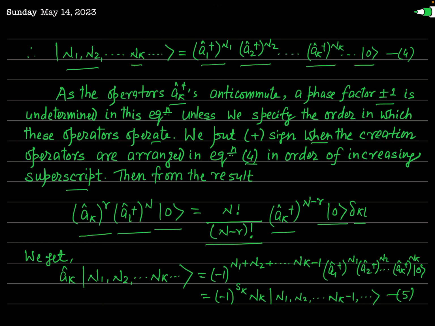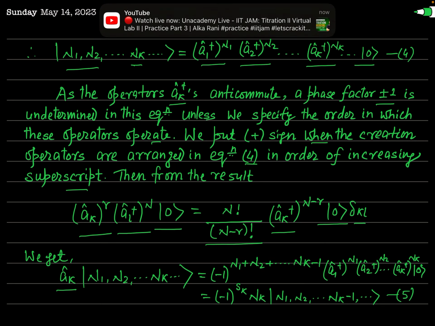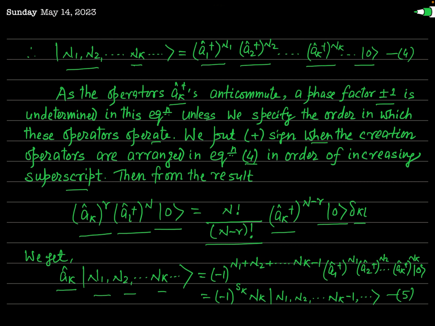From this result we can easily find that when we operate the annihilation operator ak hat on this state, that is ket n1, n2, and so on up to nk, it will be equal to minus 1 to the power n1 plus n2 plus so on plus nk minus 1, a1 hat dagger to the power n1, a2 hat dagger to the power n2, and ak hat dagger to the power nk operated on ket 0.